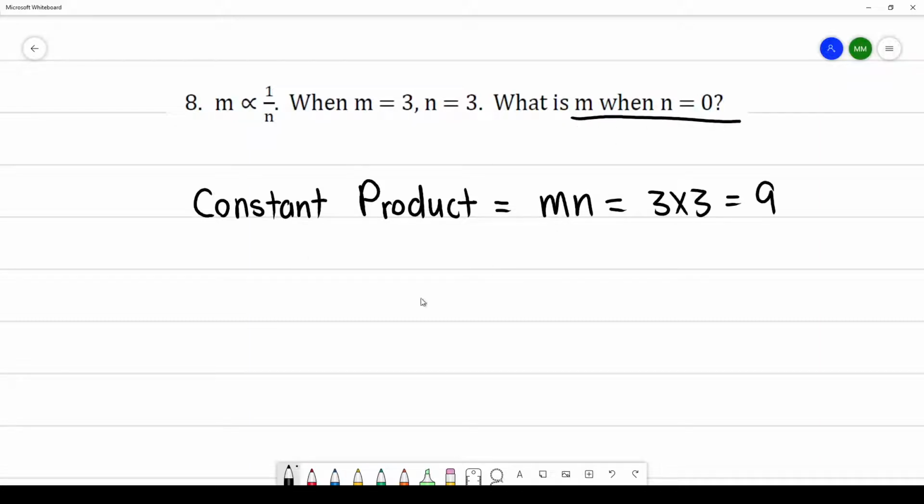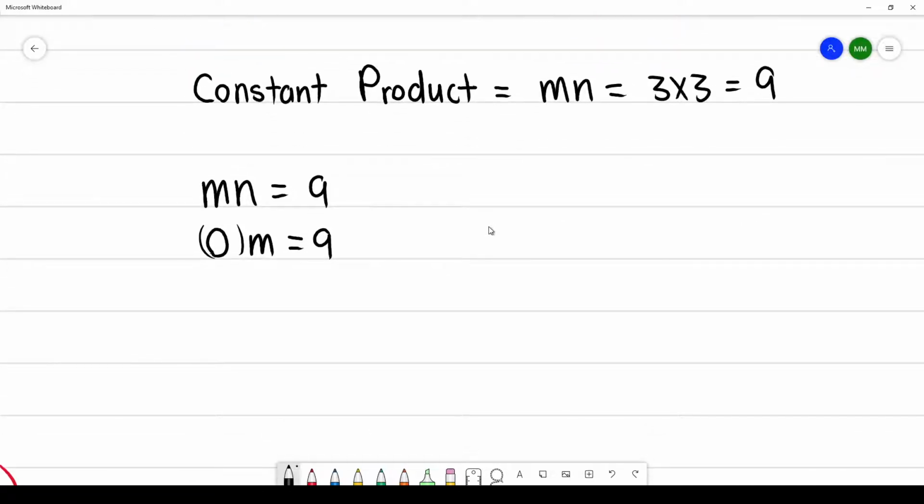Then we plug in this condition. n is 0, so I'm saying that 0 times m is equal to 9. The thing here is, there's no number that satisfies this equation. Plug in any number for m, you get 0, because 0 times any number is equal to 0. So that means m cannot exist.